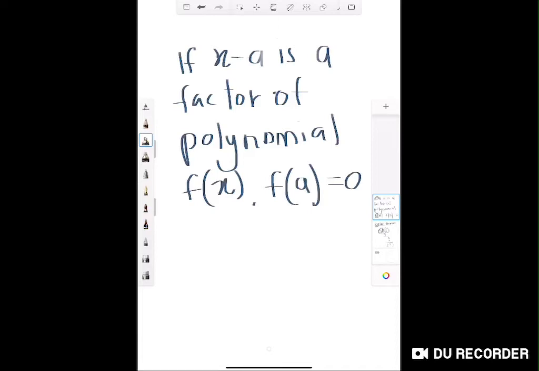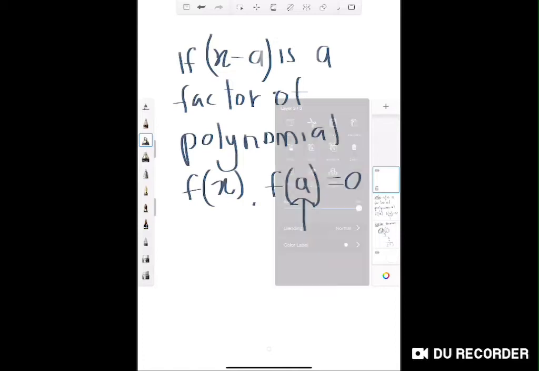So if the expression x minus a is a factor of polynomial f(x), f(a) equals 0. This means when you substitute a for x in your polynomial, you get remainder 0. That's what we call factor theorem. Okay, let me show one example.